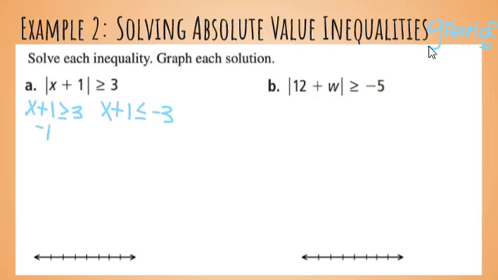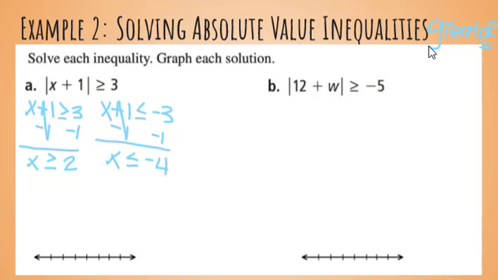So I subtract the 1 over. So we have x, the 1's cancel, is greater than or equal to 3 minus 1 is 2. Over here, we're going to subtract the 1 over. So we have x, these cancel, is less than or equal to negative 4.